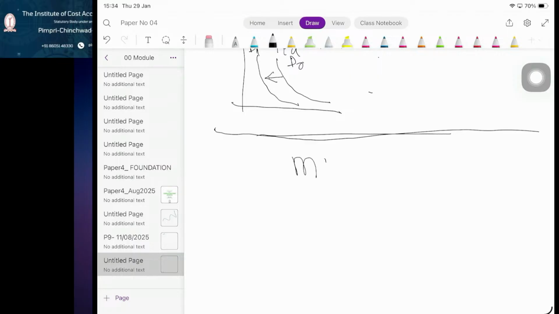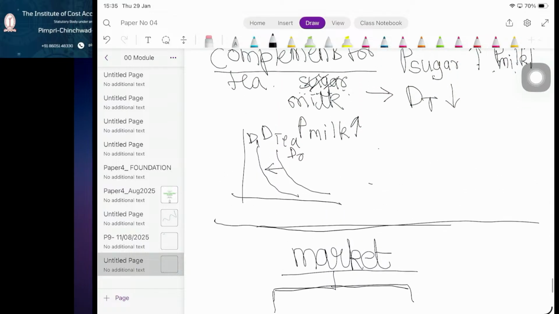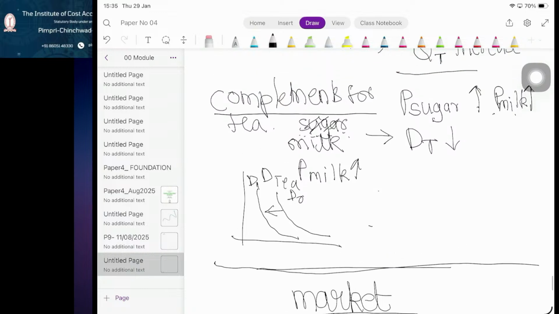So let's explore the meaning of the word market. We always say that a market has two entities. Who are they? There are always two entities. Ishwari, what do you want me to tell? If there is an increase in the price of milk or sugar, this will cause a decrease in demand for tea.